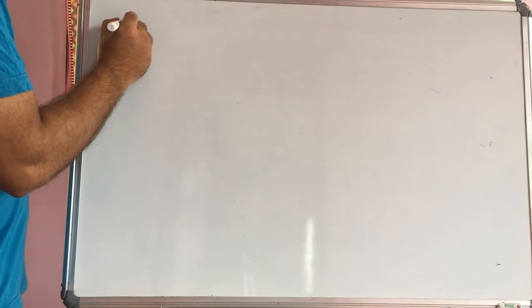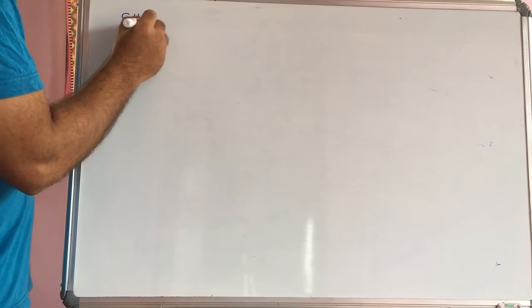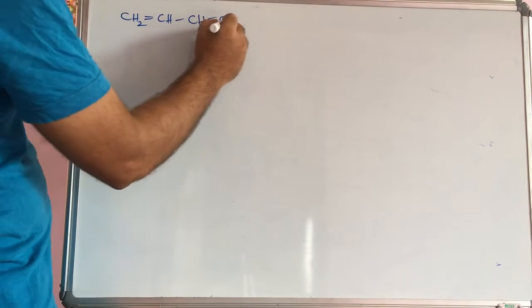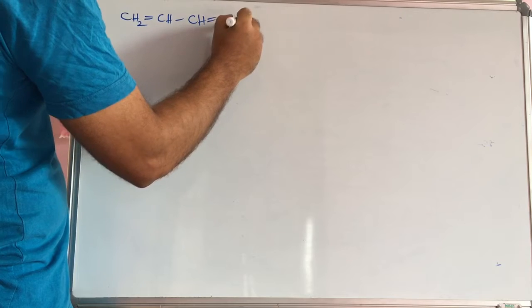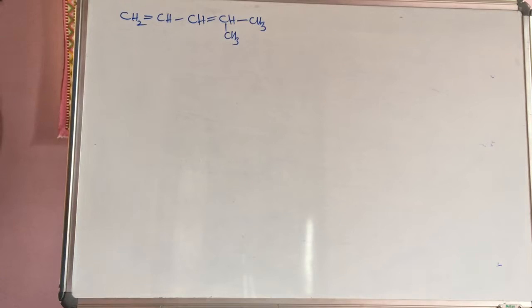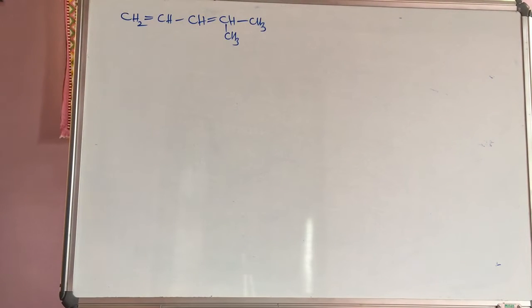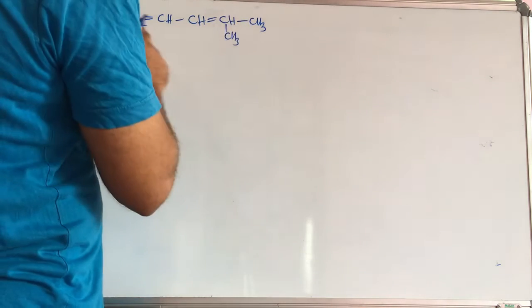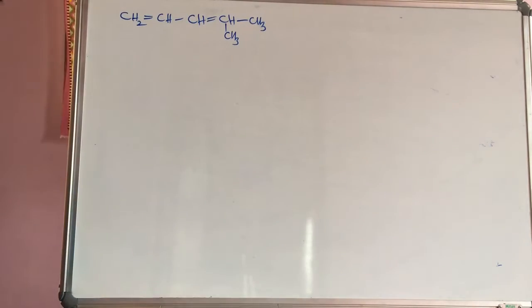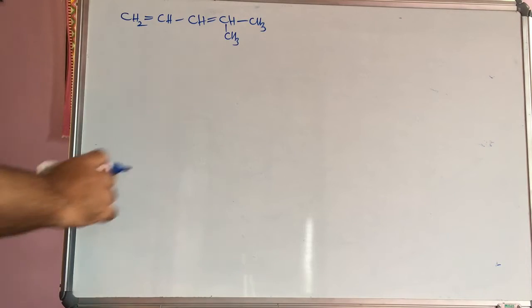Now I am taking the same 1,3-pentadiene but with a small change. CH2=CH-CH=CH-CH3 like this. This is 1, 2, 3, 4, this is 5. The fourth position has a methyl group.